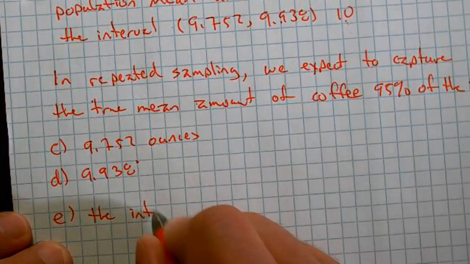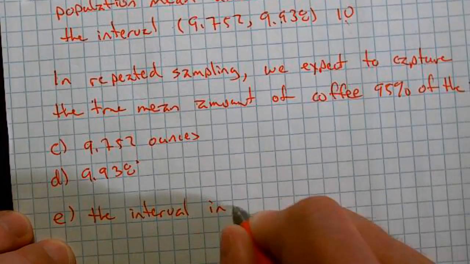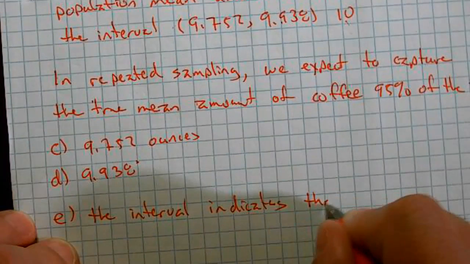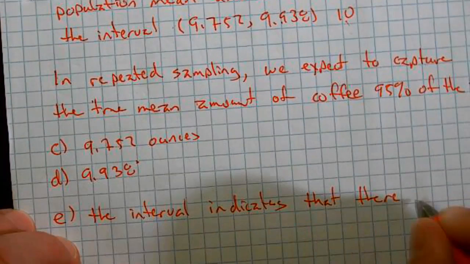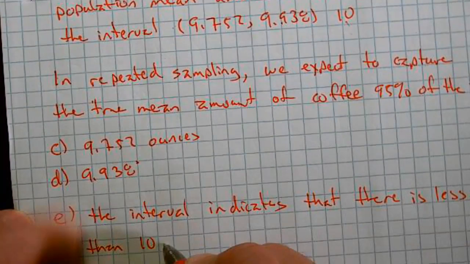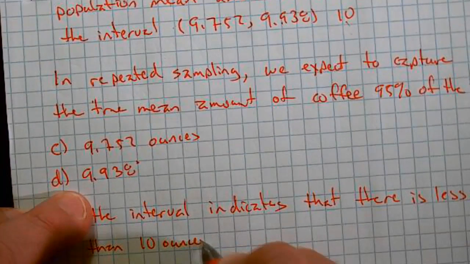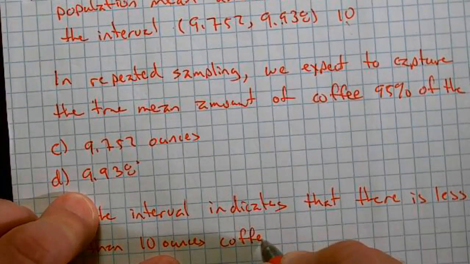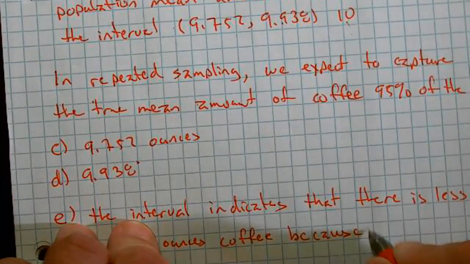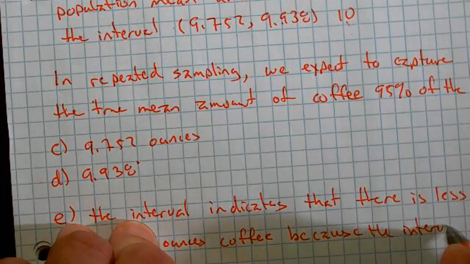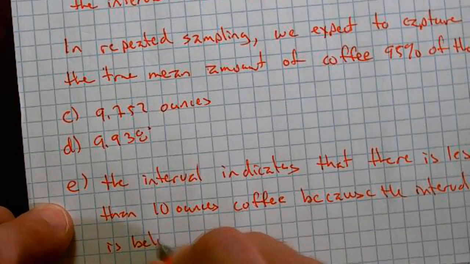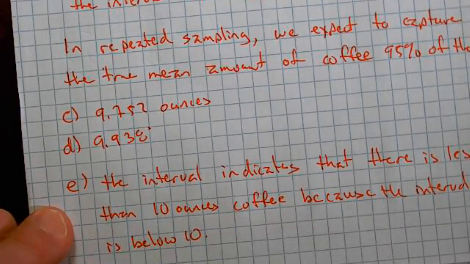The interval indicates that there is less than 10 ounces of coffee because the interval is below 10, or lies below 10.